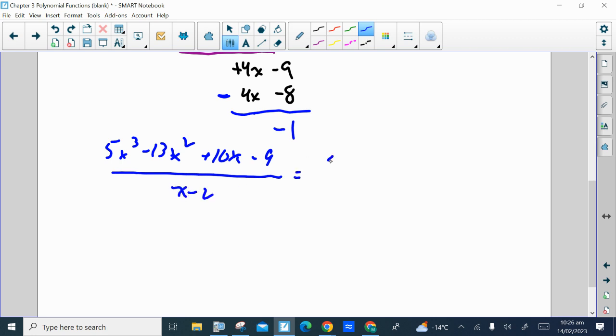We got an answer of 5x squared minus 3x plus 4, and we got a remainder of negative 1, which is a ratio of the original divisor x minus 2. So there's our division statement.